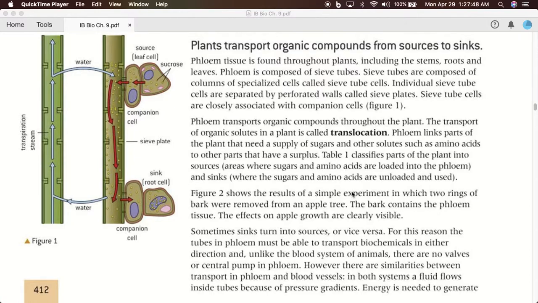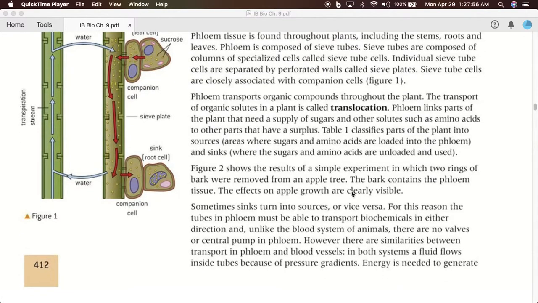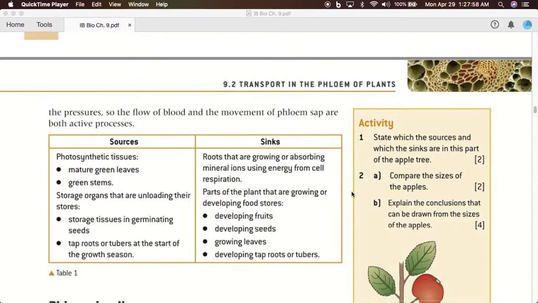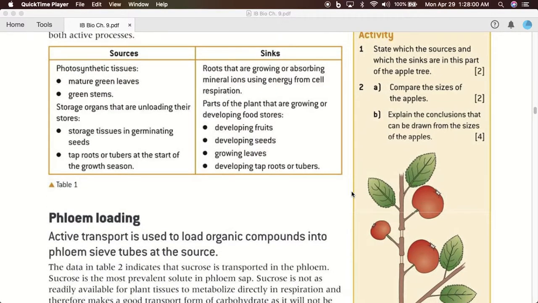There's a table on the next page that shows which places are sinks and which places are sources, and we'll talk about that next. It's not really a fixed thing, but these are the general rules. So sources would be places where you're making sucrose, where you do photosynthesis, obviously in your leaves, and then in your stems, photosynthesis occurs.